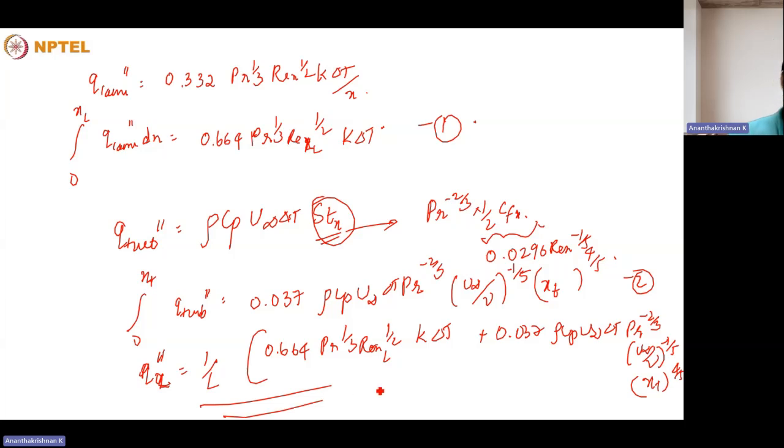So that gives the heat flux averaged over the entire length. Basically we have just added the laminar heat flux as well as the turbulent flux and divided by the length to get the average heat flux.